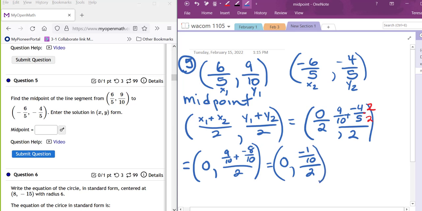Now, I can't leave a complex fraction like that. So I can write it across as divide and it will clean up. Let me try it right down here. -1/10 divided by 2. Remember, that's the same as multiplying by a half. So you're going to flip it, change it to multiplication.